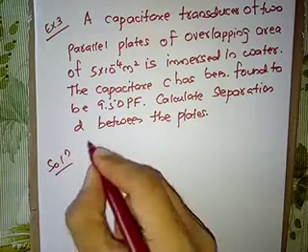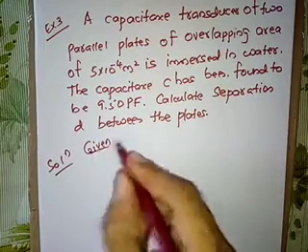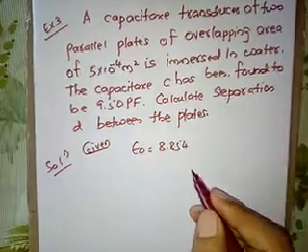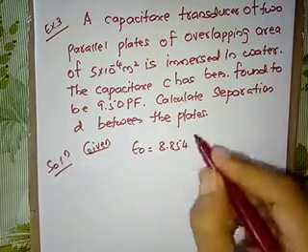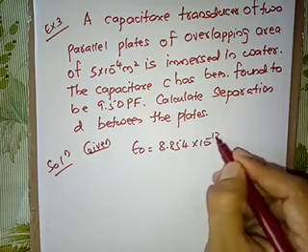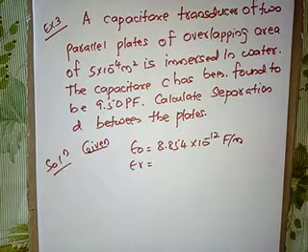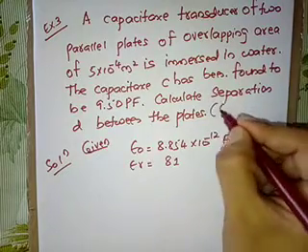Write the given data first. Epsilon naught is given, it is a standard value, 8.854 into 10 raised to minus 12 farad per meter. Then epsilon r of water is given, so it is 81.